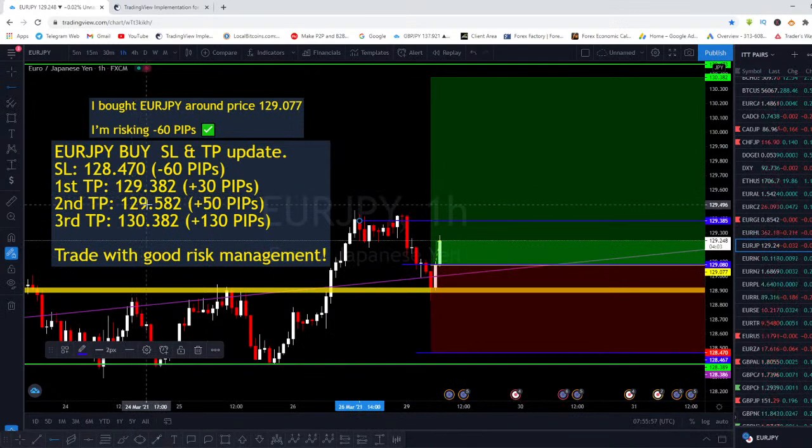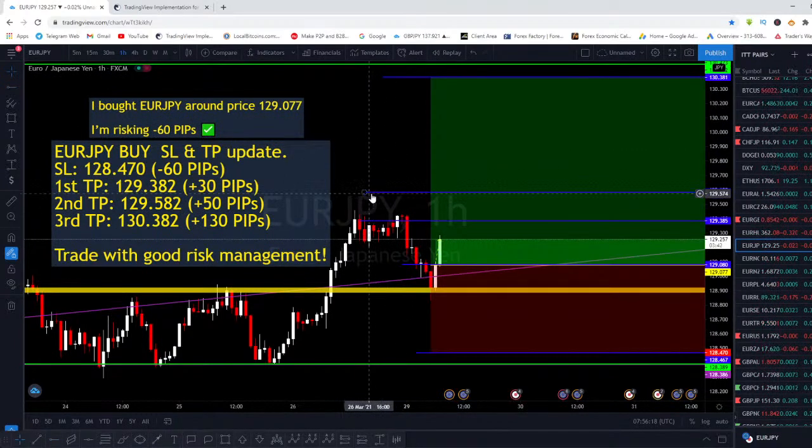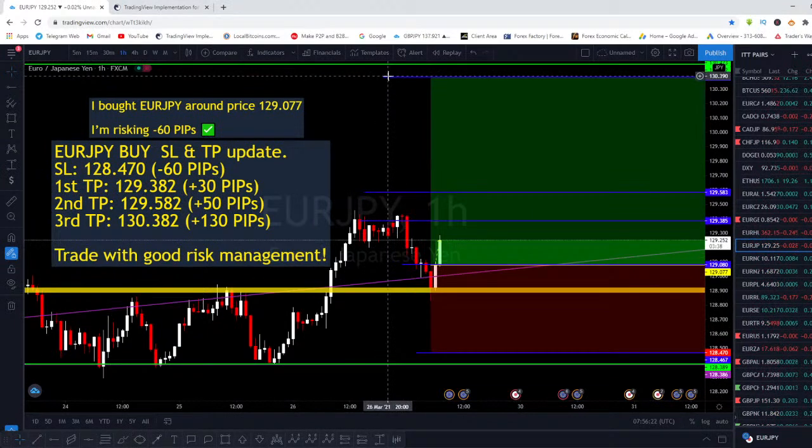Then second take profit 129,582. That's it. Then final take profit is 130 pips, and it is right here. So those are the levels that we are supposed to look at when we are in this trade, right?